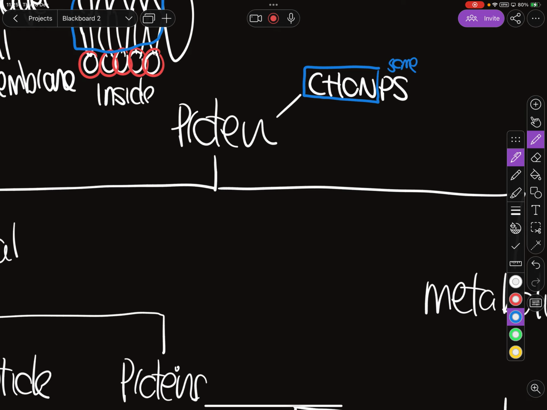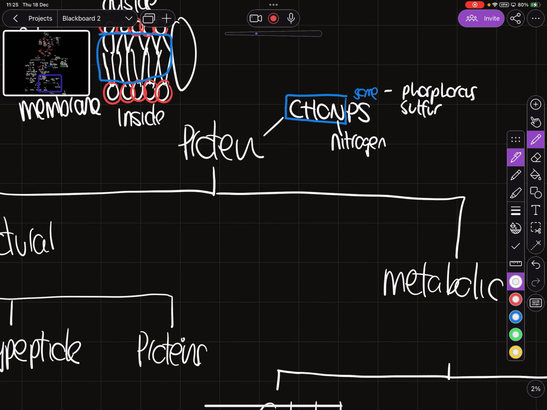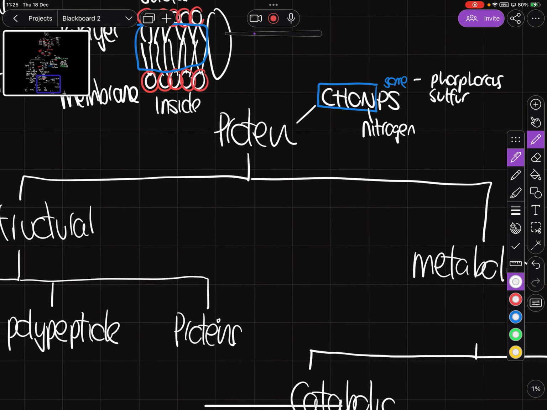We obviously have said that C, H and O are carbon, hydrogen, and oxygen, but what makes protein really special is the nitrogen that's in it. Some will have phosphorus and some will have sulfur, but not a whole lot. So CHON are your main elements in your protein, not a fixed arrangement.